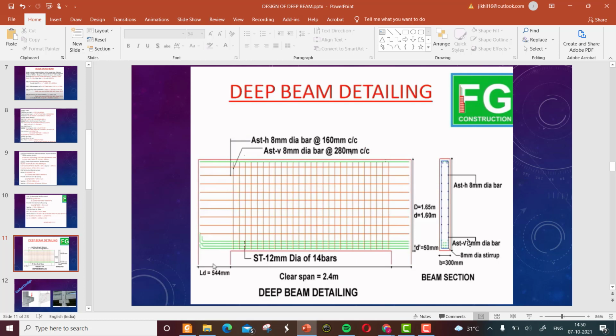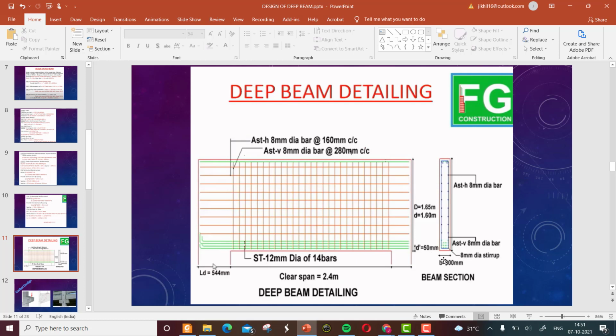So a closer look at the cross section of the beam shows the reinforcements in a very clear way. You can see that the depth of the beam is 1.6 meter, the total depth, and d is the effective depth, for which we have provided a 50 mm cover.